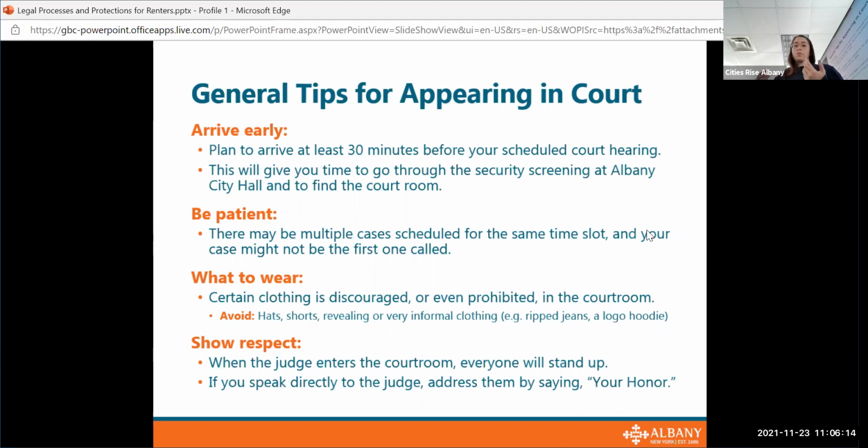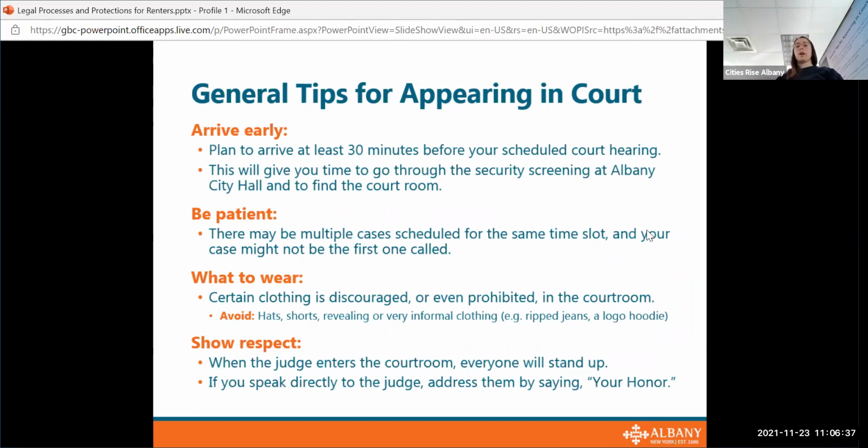You may have to walk around a little bit and find the courtroom, although there are people there who can give you directions, of course. And currently, and at different times throughout the pandemic, there have also been COVID screening measures that you would have to complete. So it's a good idea just to show up a bit early, give yourself some extra time to do all of those things.